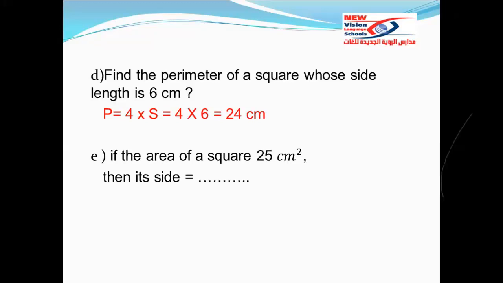Letter E. Raise your hand. Andrea, open your mic. Can you read it? If the area of a square is 25 square centimeters, then its side equals what? He gives you the area and asks you for the side.